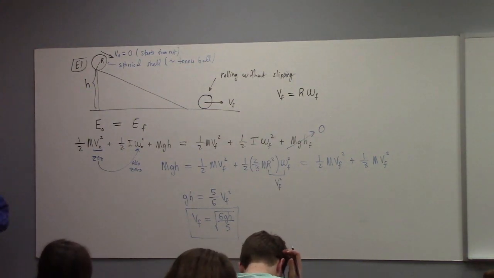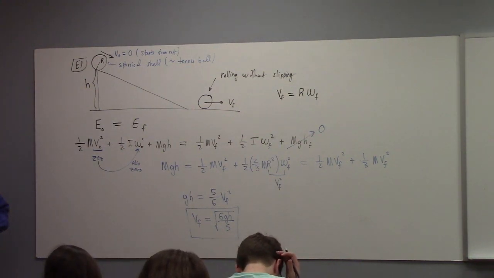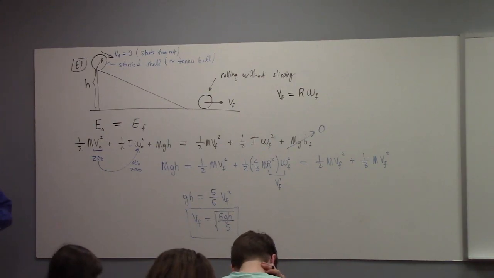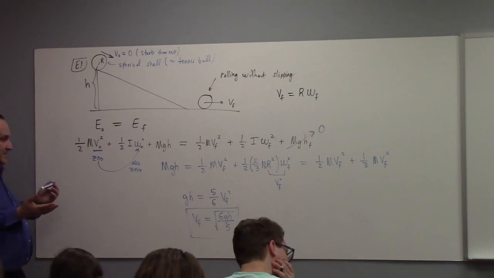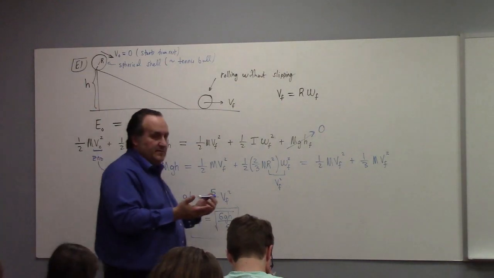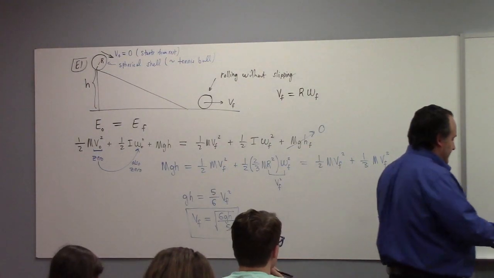How would this change if it wasn't a spherical shell? What if it was my block of cheese, a cylinder rolling down? What does it change? Nothing, except one thing.